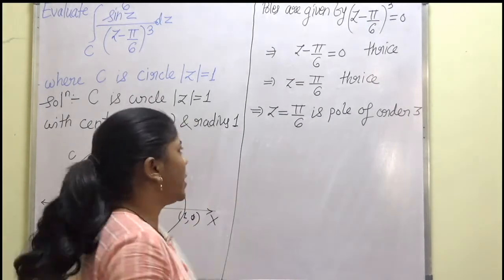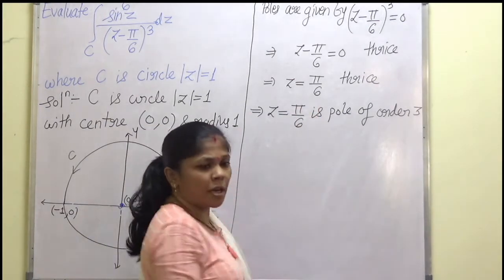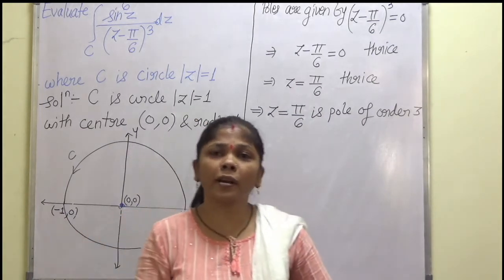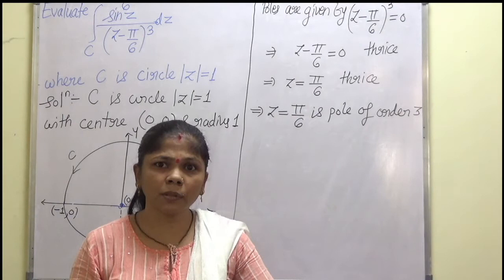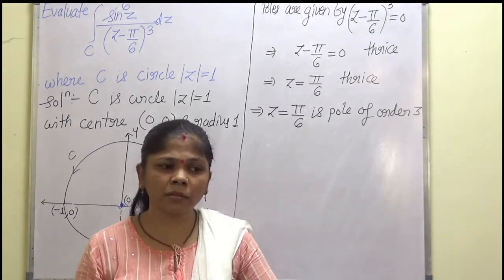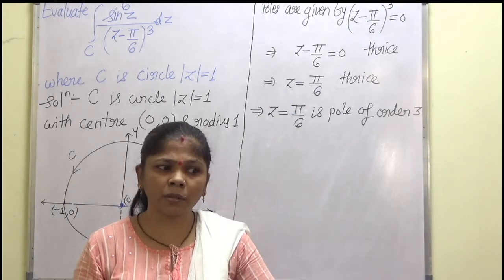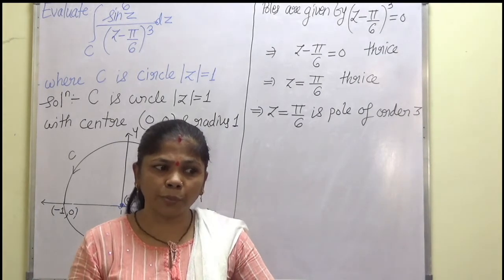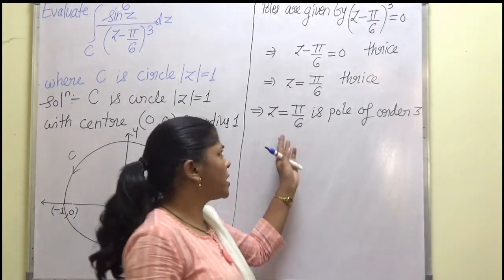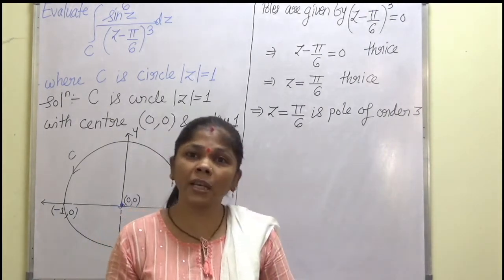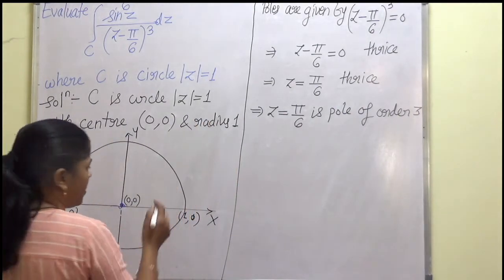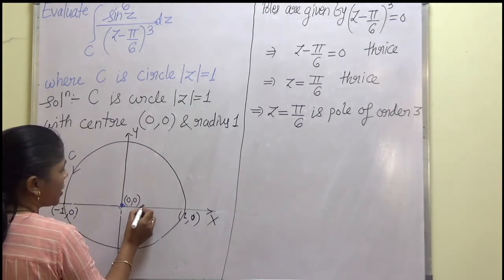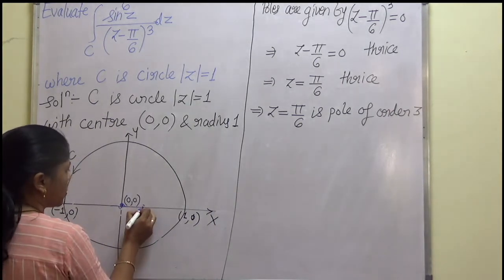Okay, now let us see. Pi is 3.14. 3.14 divided by 6 will be 0.5 something. Obviously the radius is 1 unit, so this will be somewhere over here, close to 0.5.